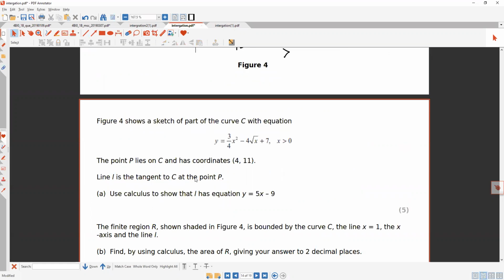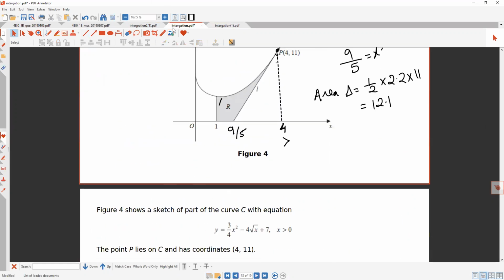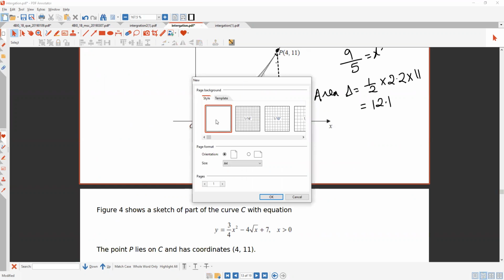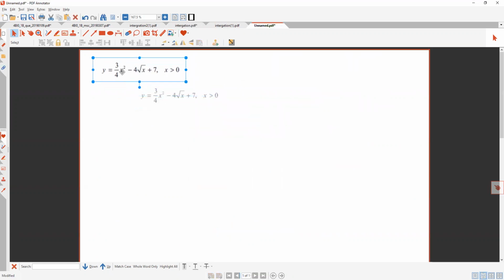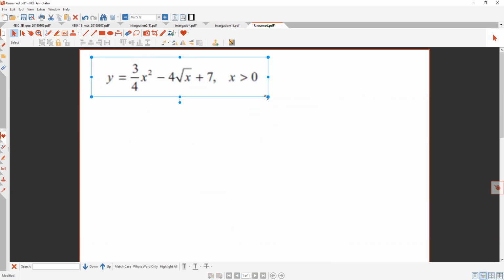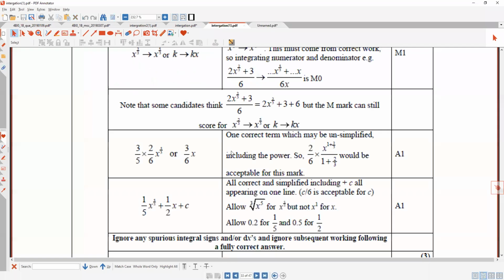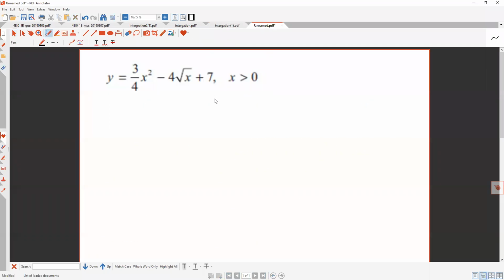By the way, we have to do the integration. Let me go to a clean page and do the integration by myself. The equation is given to me. Yeah, we need to do the integration of this.